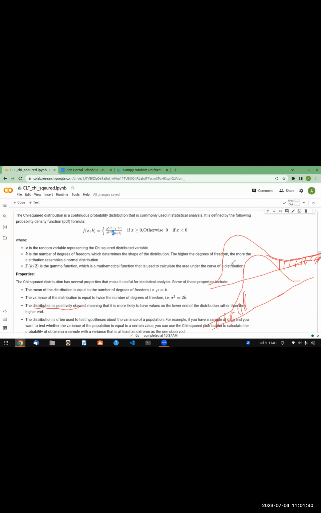That means whatever graph you get, you are going to get more data towards the lower region. If it is right side skewed, it will be positive. If it is to the left side, it will be negative, right? No, not like that. Positively skewed means towards this also, towards that also, left and right also.